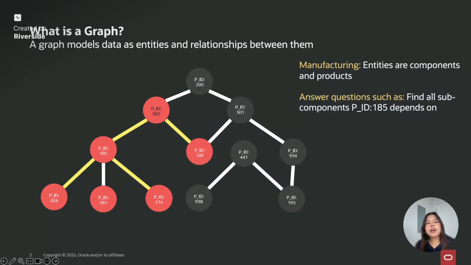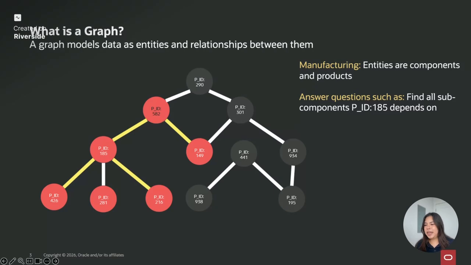And it helps us understand what would be the impact of maybe changing one component in our graph. So for example, if we were to change P underscore ID 185, how would that affect our graph as a whole, or how would that affect our manufacturing process as a whole, right?